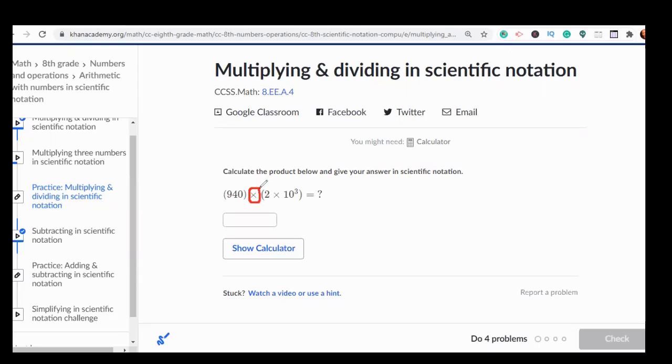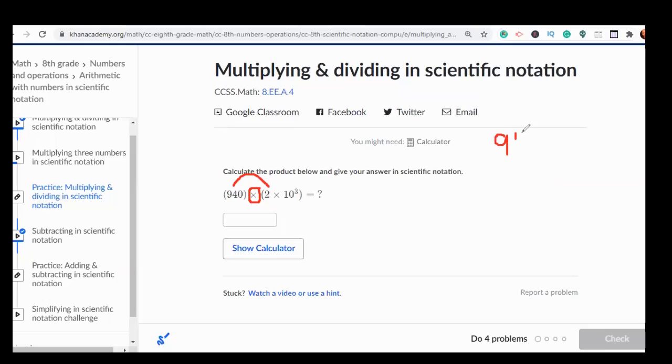So we have a number in standard form times a number in scientific notation. And that's okay because when we're multiplying things, we can just multiply in any order. I do like to multiply my regular numbers first, like 940 times 2, we'll do that, and then we'll deal with the 10 to the third power.